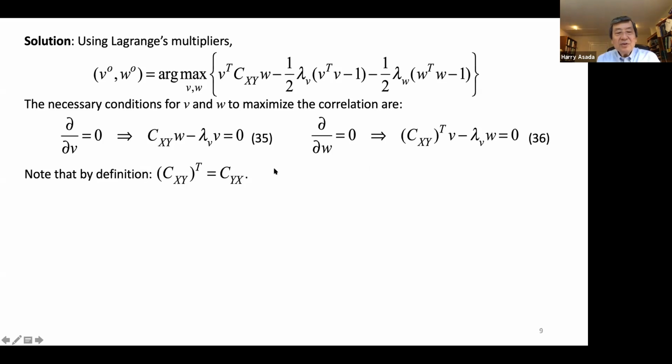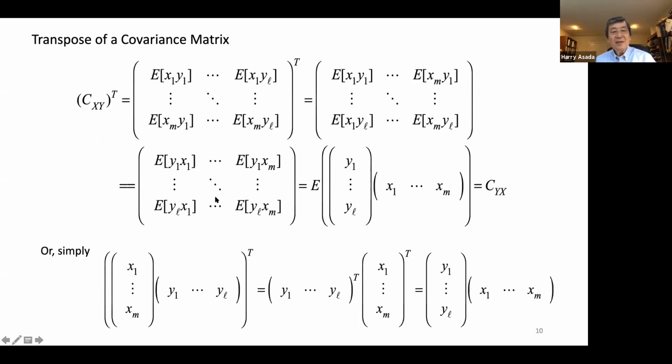We use this relationship: the cross covariance C_XY transpose equals C_YX. This is almost obvious, but let me check. By definition C_XY is something like this, and then take the transpose. I just swap these two to get this expression. Now let's change x and y here, which doesn't make any difference.